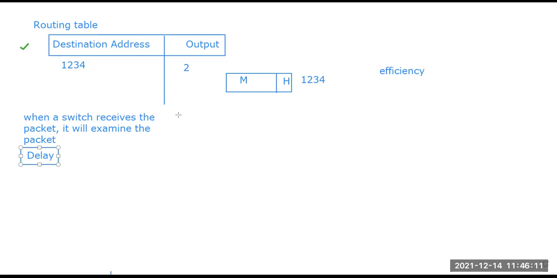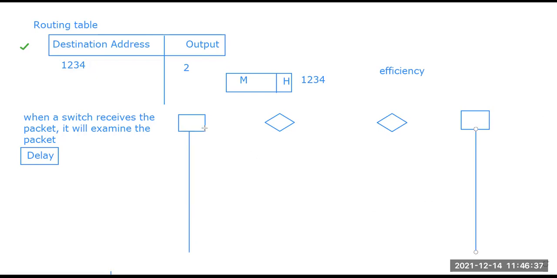Suppose this is my source side, and this is my destination side, and in between there are two switched devices.